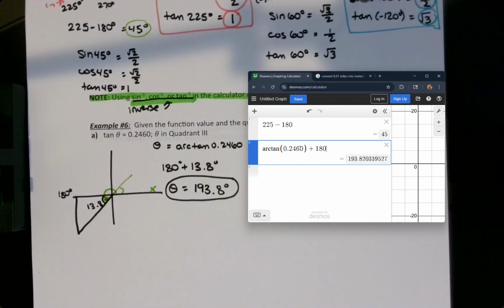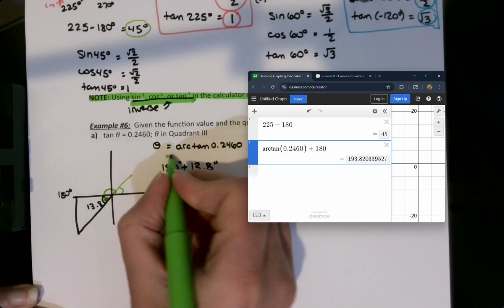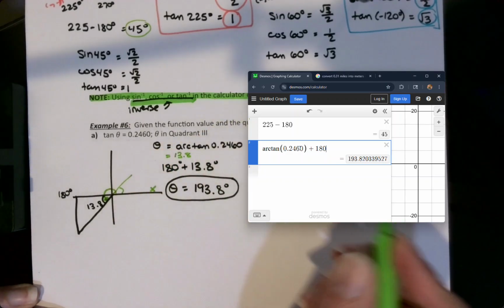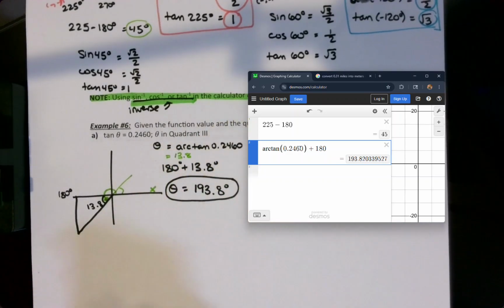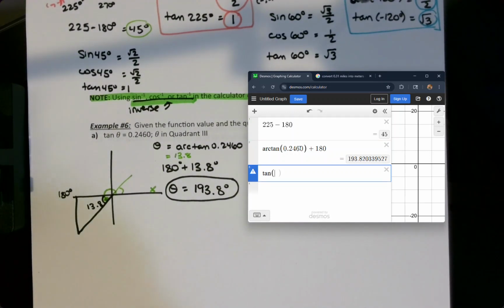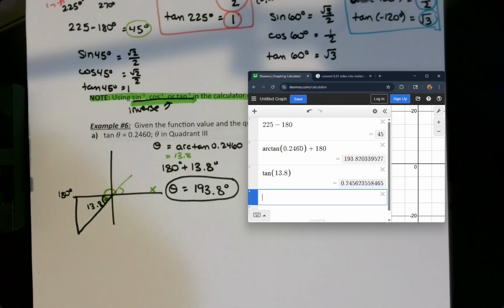The measure of 13.8 is incorrect as an answer because it's not in the correct quadrant. So I'm going to make a quick note of it here, but that's not finished. To finish it, I need to put it in the correct quadrant. Now, I do want to compare real quick. If I do the tangent of 13.8, it does come out as 0.246 once you get this rounded correctly, especially if you were able to keep a few more places after that.